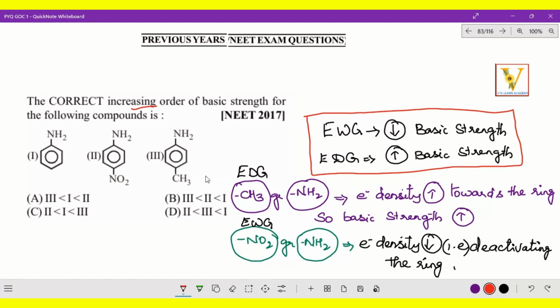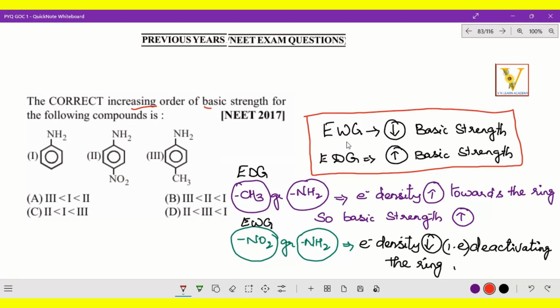Whereas for basic strength you have to identify where there is an electron donating group. Electron donating group will increase the basic strength, electron withdrawing group will increase the acidic strength. So please remember, both are just the opposite.